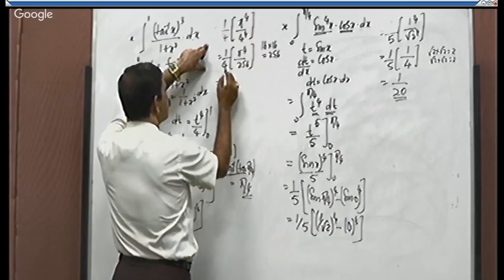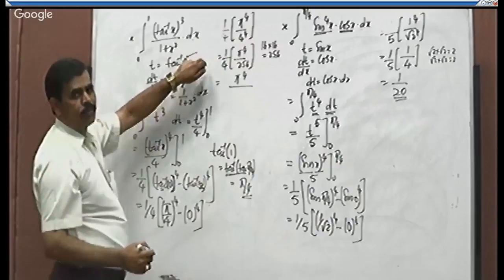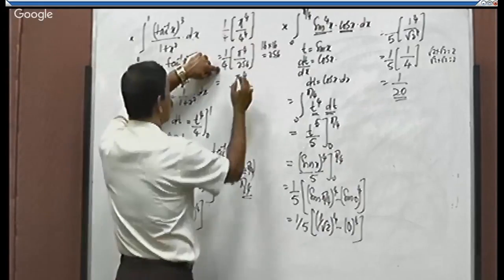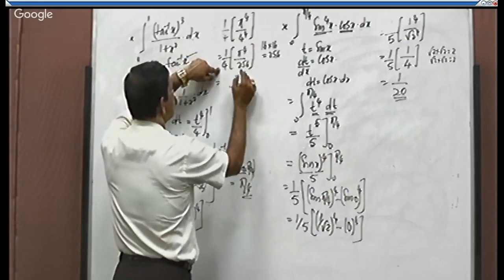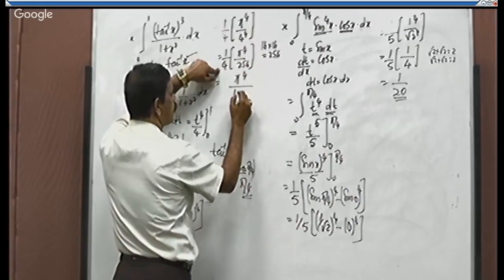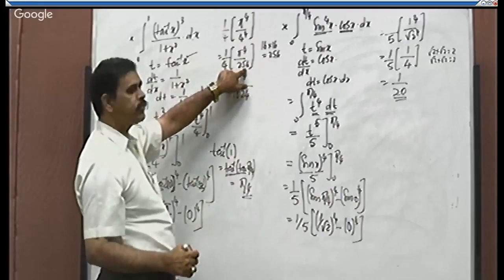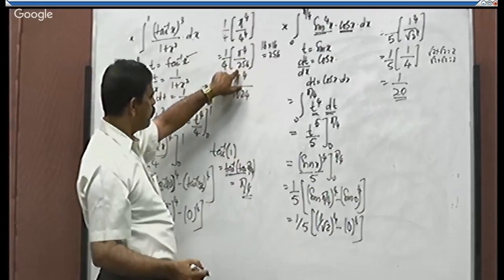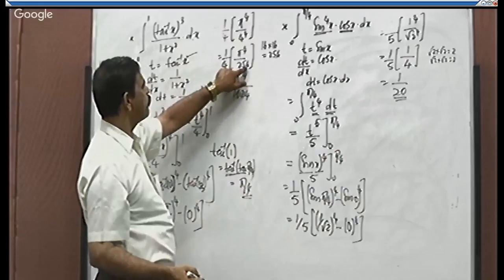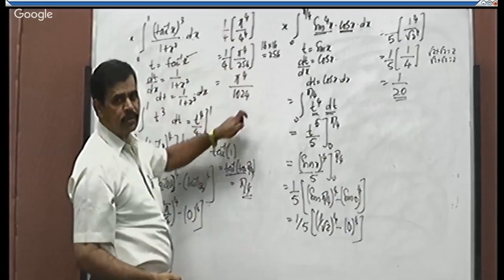We can also multiply with 4. That is pi to the power of 4 by 256 into 4. 256 is 250 plus 6. 250 into 4 is 1000. 6 into 4 is 24. 1000 plus 24 is 1024. Right?